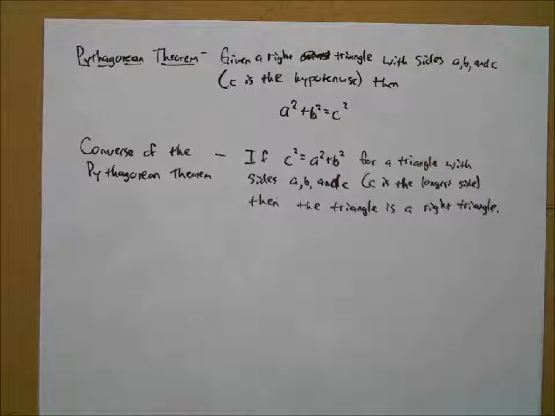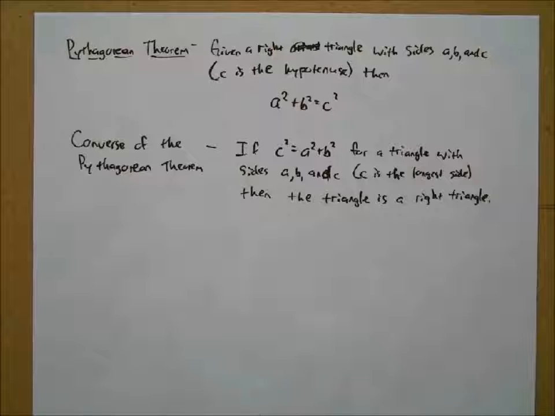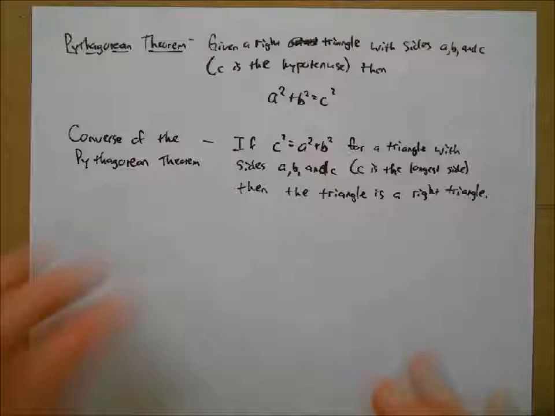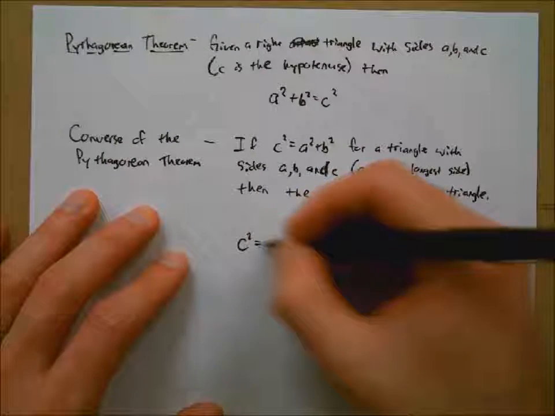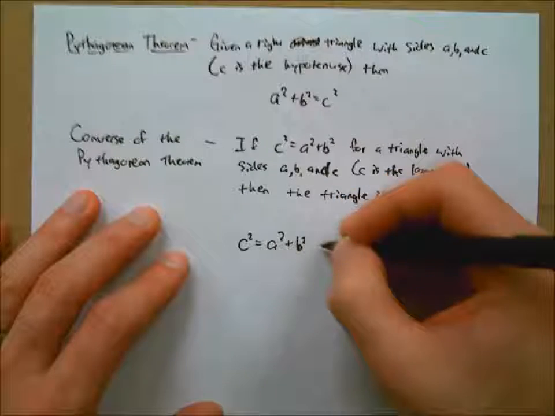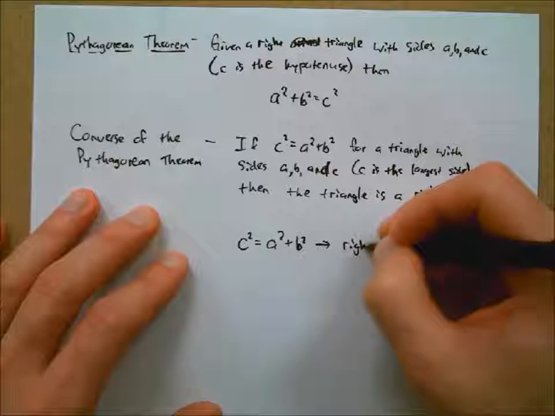So if C squared is equal to A squared plus B squared, the triangle is a right triangle.